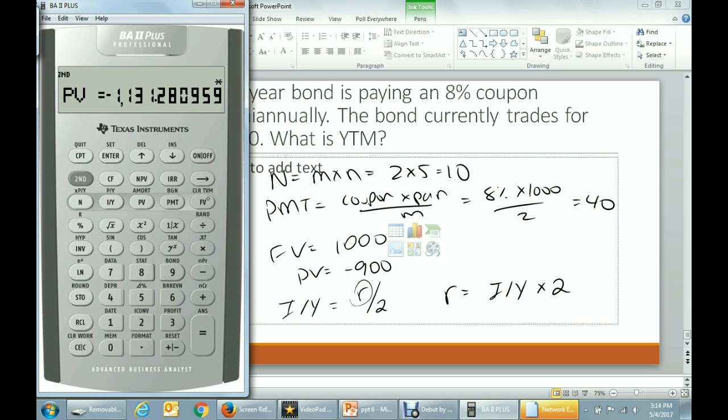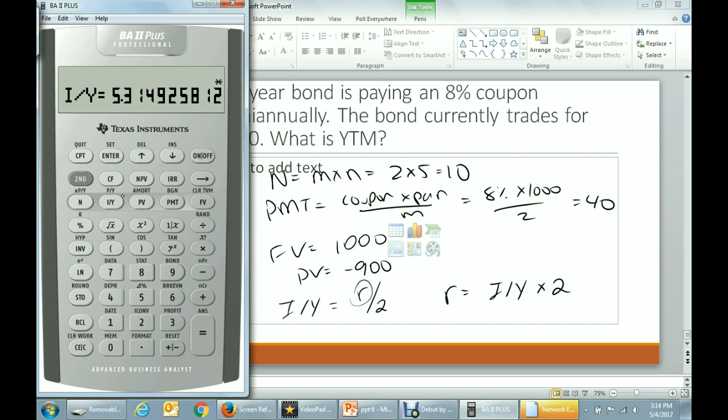Clear your time value of money. 10 6-month periods. $40 payments. $1,000 par. Negative 900 present value. And let's compute the interest rate.